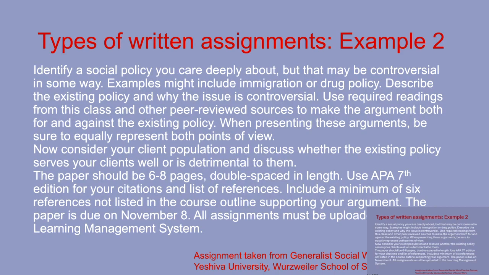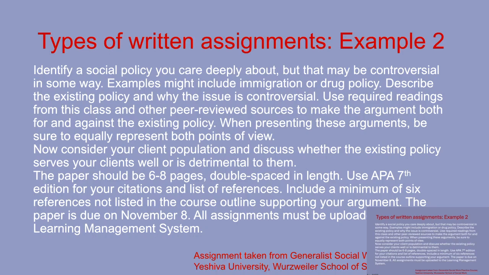Now, this next type of assignment is very different. This is based on a policy class, and it says identify a social policy you care deeply about, but that may be controversial in some way. Examples might include immigration or drug policy. You're asked to describe the existing policy and why the issue is controversial. You're to use required readings from this class and other peer-reviewed sources to make the argument both for and against the existing policy.